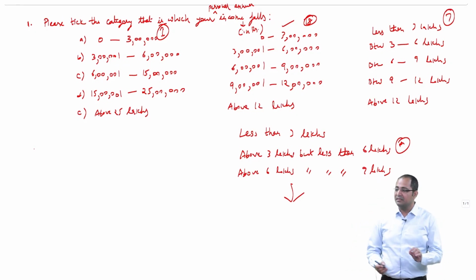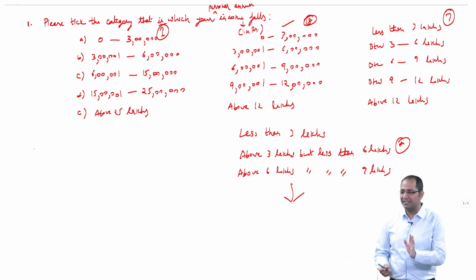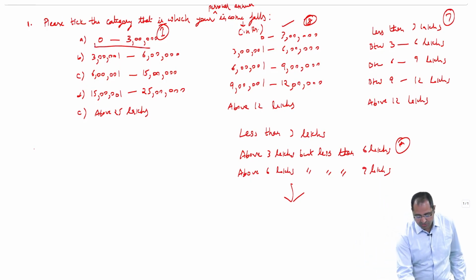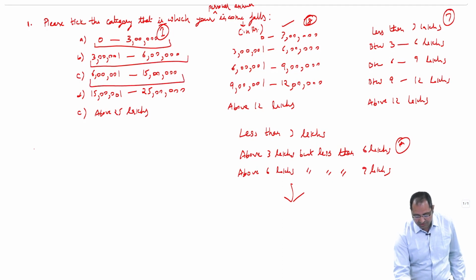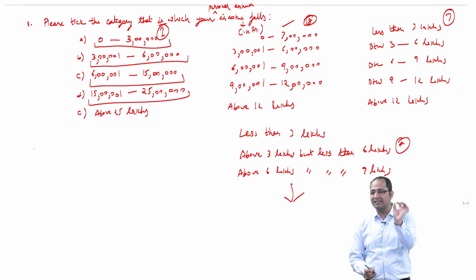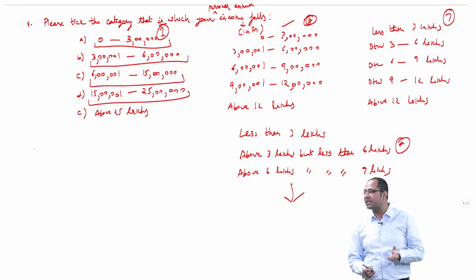So let's see the problems with each one of them. Now this one: 0 to 3 lakh, 3 lakh 1 to 6 lakh, 6 lakh 1 to 15, 15 to 25. The intervals in each category are not equal.